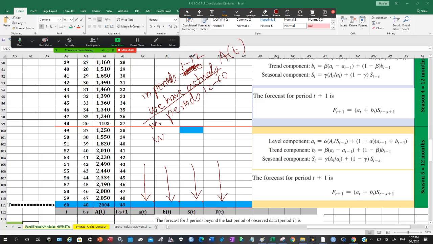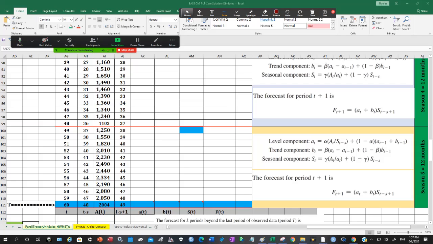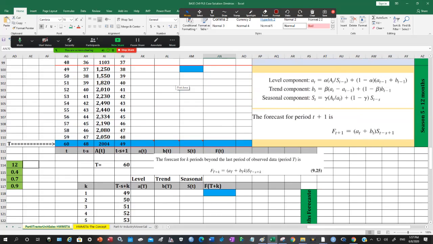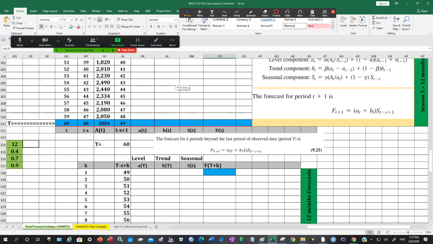We have both actuals and forecasted, okay? Why did we do all of that? We did all of what we did so that we can generate forecasts when we actually do not have actuals. And this is the next part.